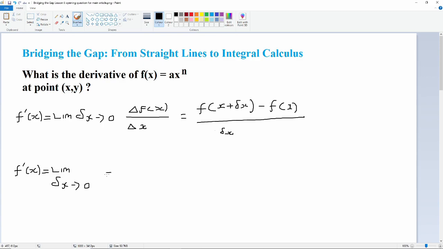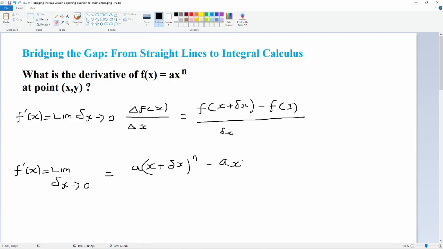And that is equal to, so f of x plus delta x, we've defined f of x as equal to ax to the power n. So this is a times x plus delta x raised to the power n minus ax to the power n, and that's, oh, that n is terrible, isn't it?